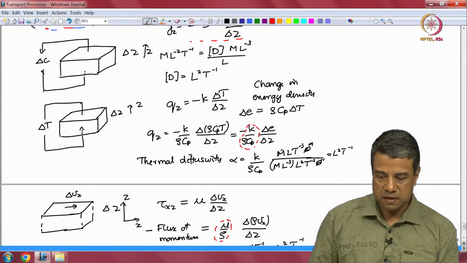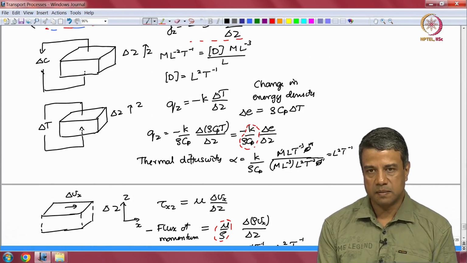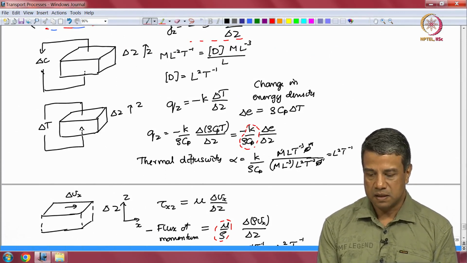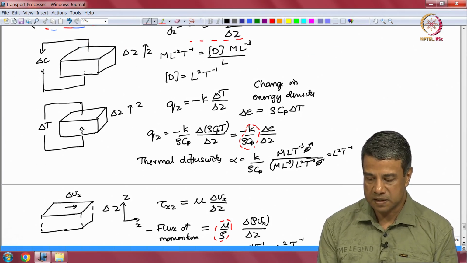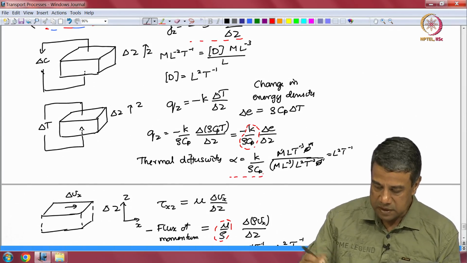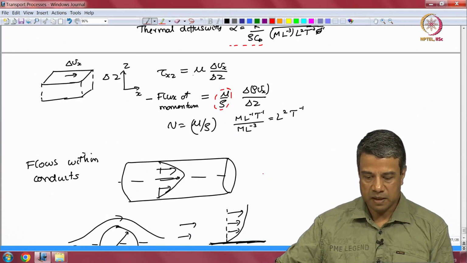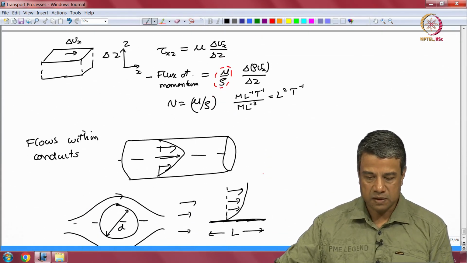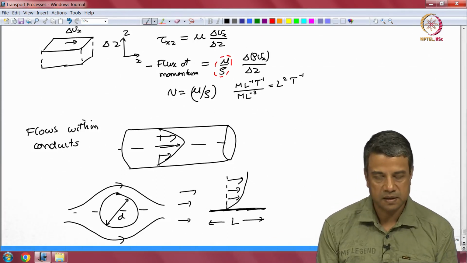Fourier's law of heat conduction, Qz is equal to minus k delta T by delta z, or it can be expressed in terms of the energy density as minus alpha delta E by delta z, where alpha is equal to k by rho Cp. And momentum diffusivity, Newton's law, tau xz is equal to mu delta Vx by delta z.